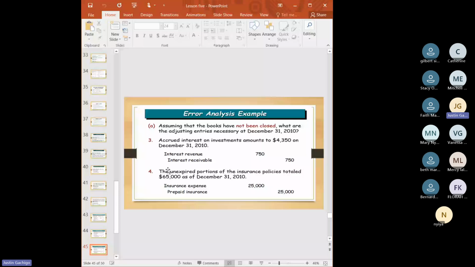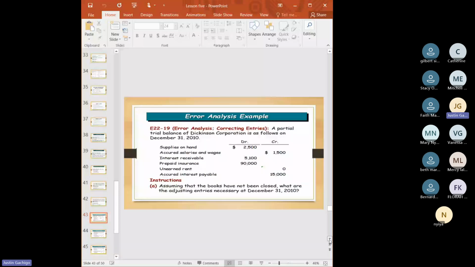The other one: the unexpired portion of the insurance policy totaled 65,000 as of December 31st, 2010. What was it in the trial balance? It was 90,000, but here we are told it's supposed to be 65,000.